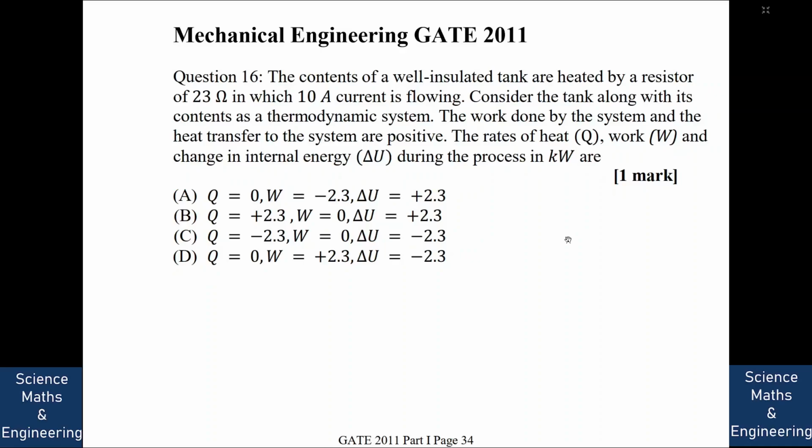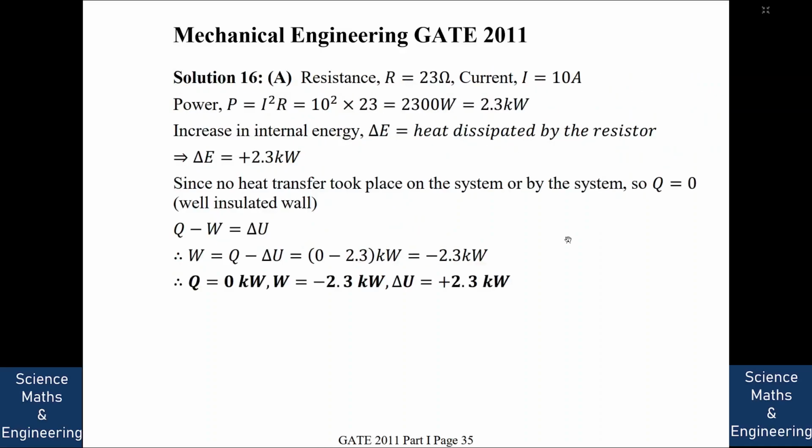So the answer is, we have resistance R is 23 ohm, current I is 10 ampere. So the power P is equal to I square R, which is equal to 2300 watt or 2.3 kilowatt. Now increase in internal energy delta E is equal to heat dissipated by the resistor. Therefore delta E is plus 2.3 kilowatt.